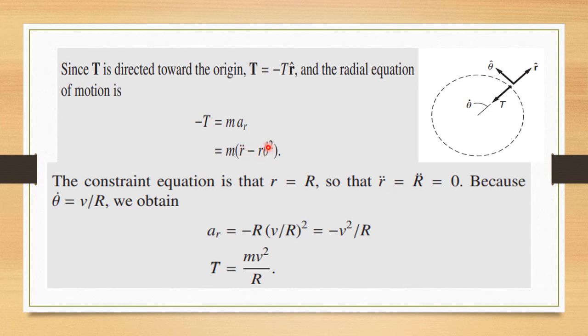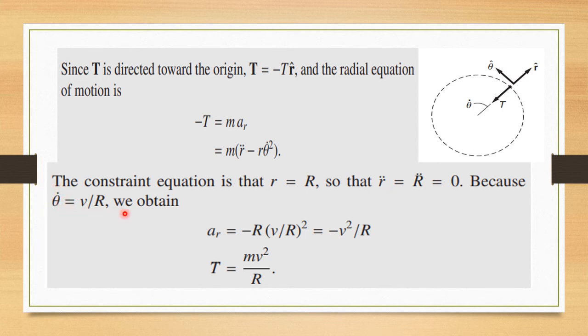Now what is theta dot? We know that theta dot, the angular velocity, is equal to V by R. We were calling it omega earlier. Omega is equal to V by R, the angular velocity.